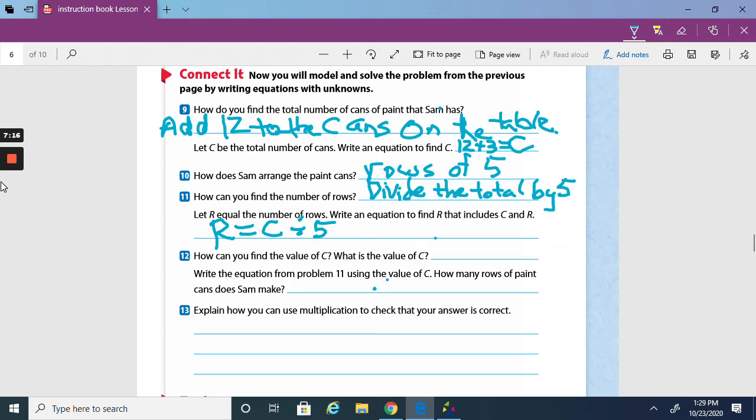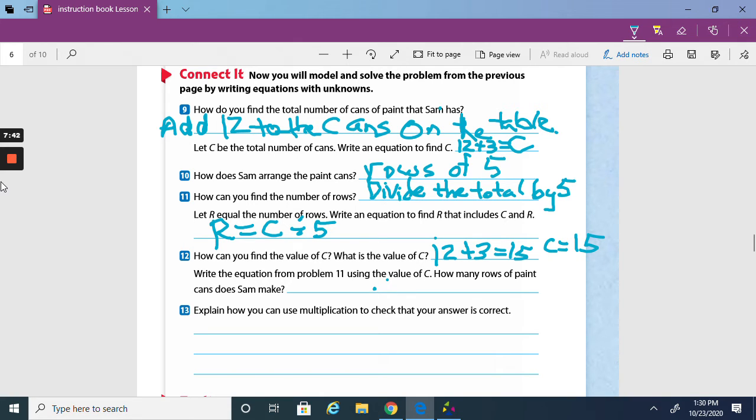How can you find the value of C? Well, I find the value of C by adding 12 plus 3 because I want my total number of cans. C is my total cans. So 12 plus 3 is 15. So C equals 15.